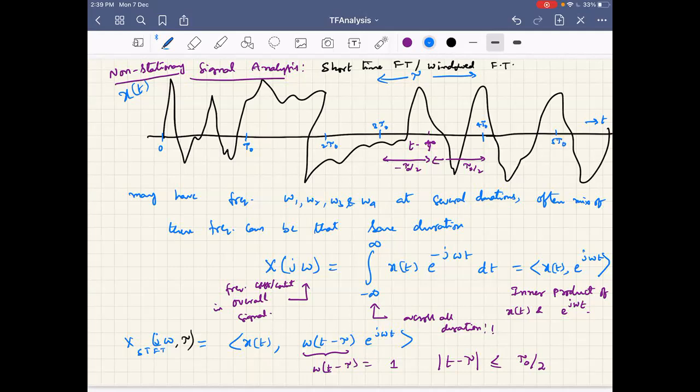For 0 to tau naught I analyze in the first instance and get some frequencies. Similarly, tau naught to 2 tau naught I analyze again and get the next set of frequencies. 2 tau naught to 3 tau naught we analyze again, and so on.